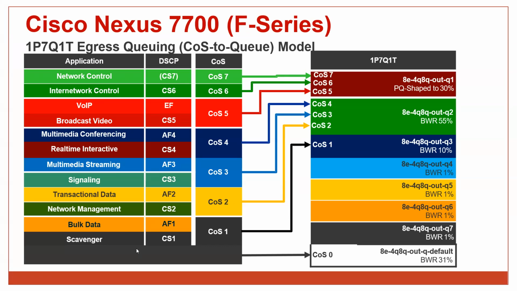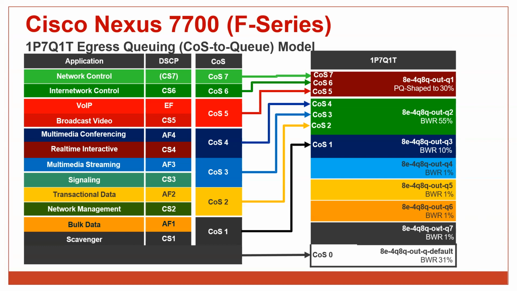Okay, so 0, 1, 2, 3. So how do you now count? It says CoS 7, 6, starting with 1, 2, 3, 4, 5, 6, 7, 8. Okay, I see. And these are the policy names.